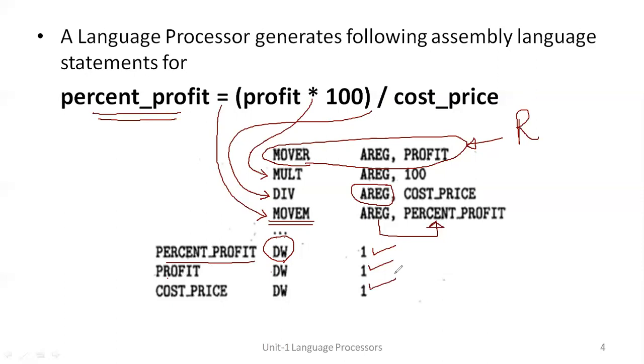So we will be learning the assembly language program in detail in chapter number 2 named as assemblers. For time being, keep in mind that the length of percent profit is 1, the length of profit is also 1, cost price length is also 1.